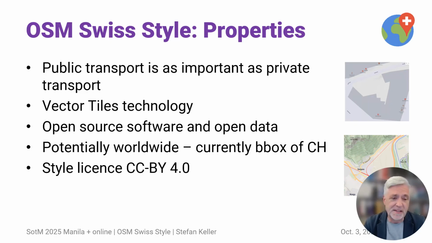And also, as said before, based on rather new vector tiles technology, based on open source software and on open data, which means not only OpenStreetMap, but also other data. And then we are striving for a potentially worldwide coverage, but currently, because of the limited resources, we are focusing on the bounding box of Switzerland. The style license is CC BY.